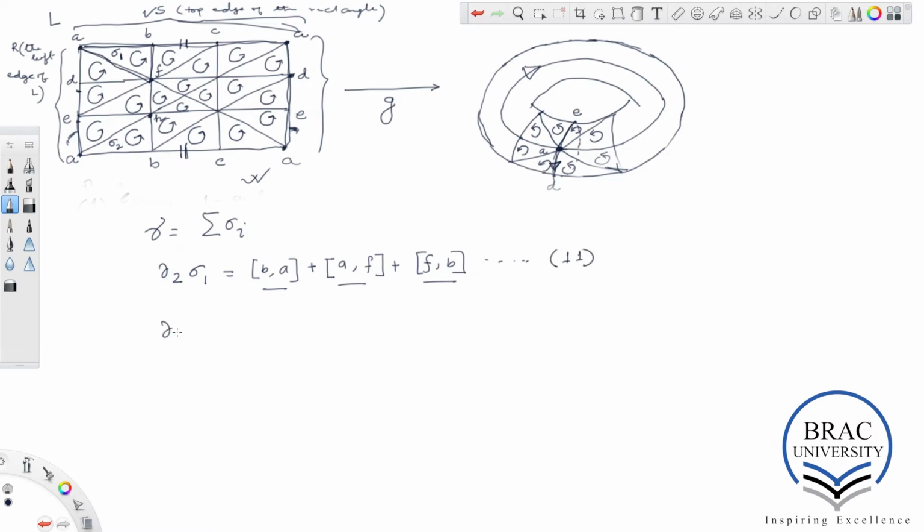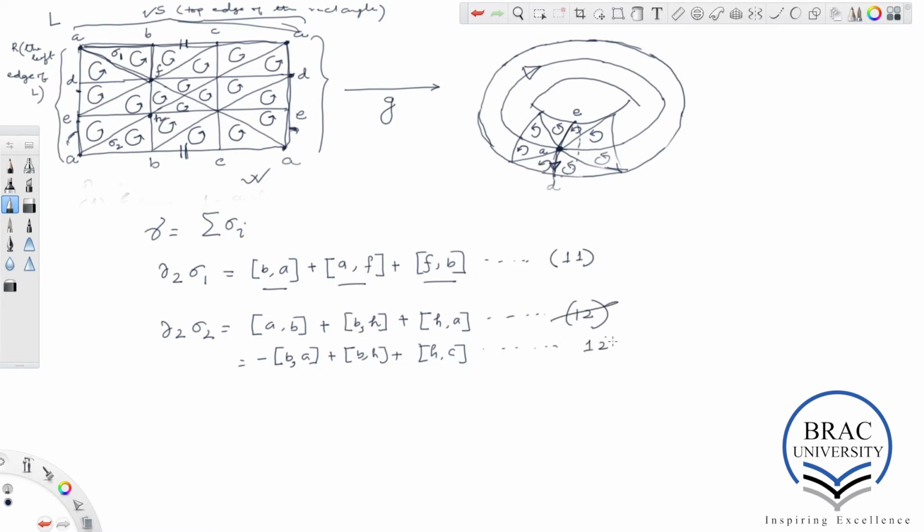And similarly, one can find delta 2 sigma 2, which is A comma B plus B comma H plus H comma A. So this is nothing but minus B comma A plus B comma H plus H comma A. I'm sorry, this is going to be called equation number 12.